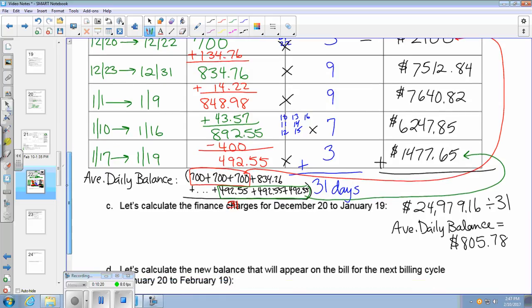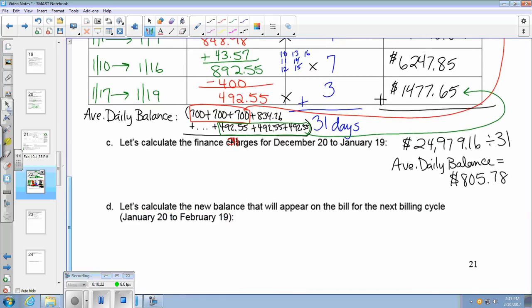All right, next up, we've got to calculate our finance charge. So what are they going to charge us for carrying those balances? All right, so remember, we need to take the periodic interest rate and multiply that by the average daily balance.